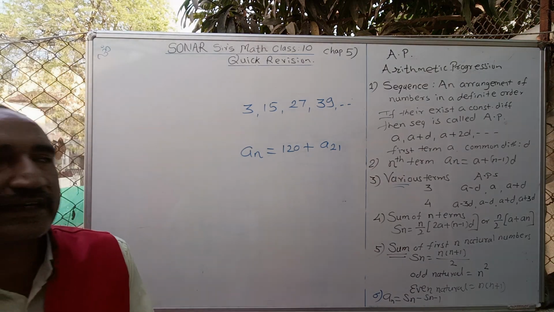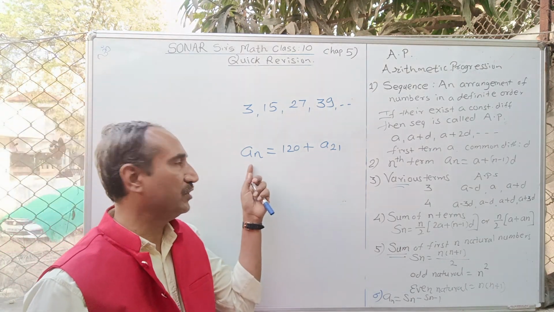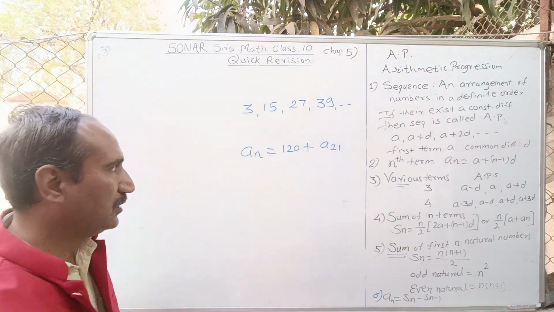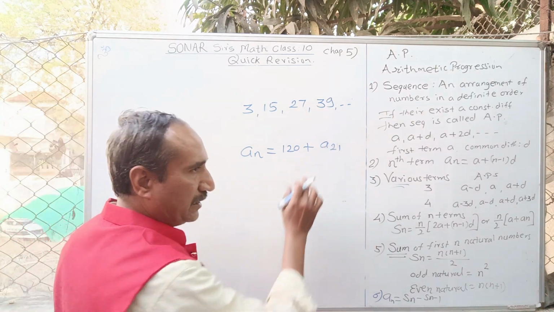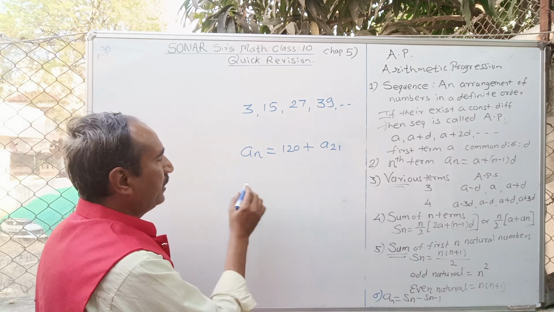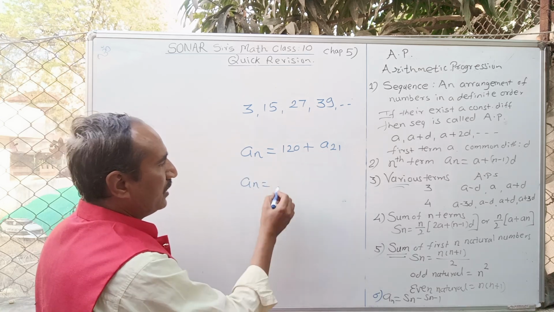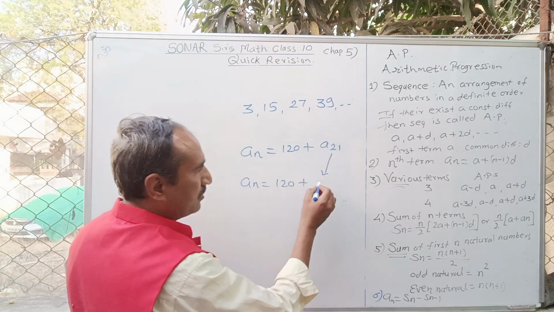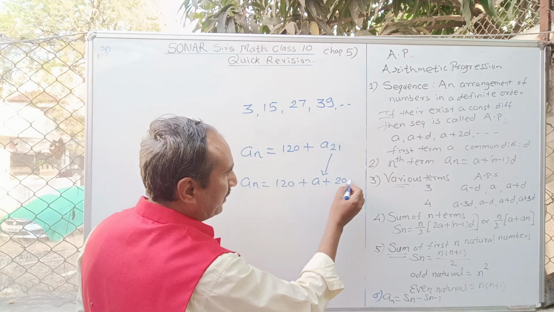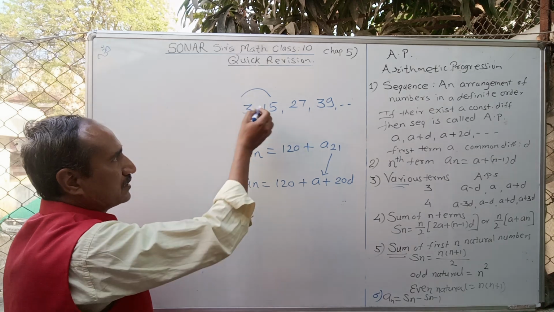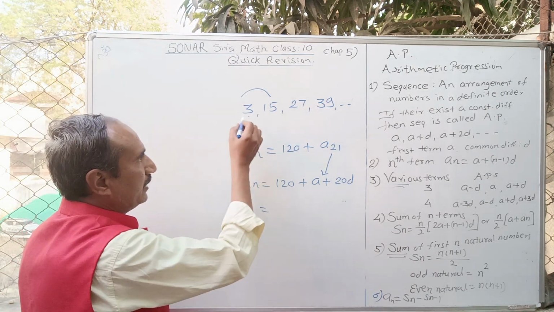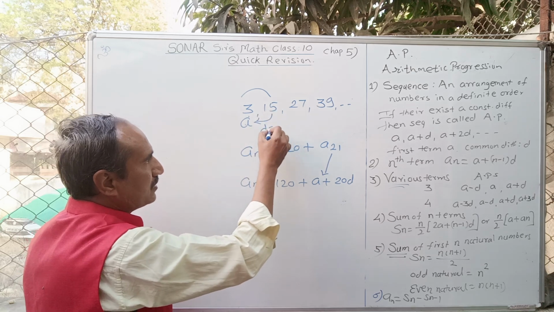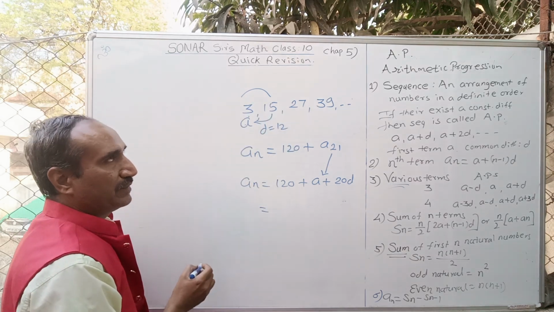So the equation is like this. We have to form the equation. Which term? That term we don't know, we'll consider it as an. So the nth term will be 120 more than the 21st. Write down the terms. So 120 here, as we just discussed the formula, the 21st term is a plus 20d. Here a is 3, and the difference can be calculated as 12, 15 minus 3.